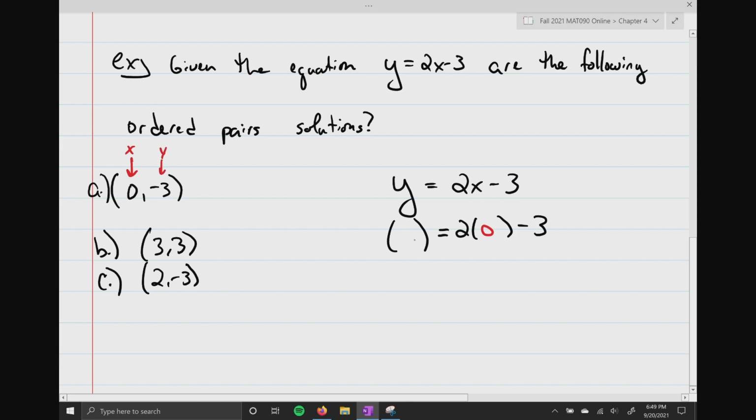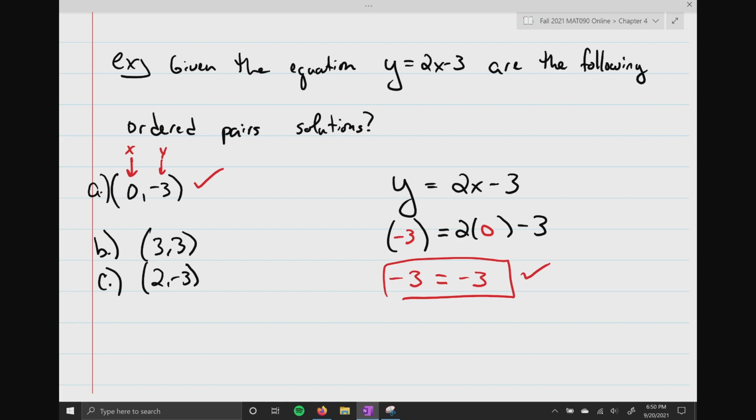Y is going to be -3, so I'll make those substitutions. And my goal is to make sure that the left and the right sides are equal. Well, if you think about it, we have -3 on the left, and then on the right, we have 2 times 0, which is 0, minus 3, is -3. So because this forms a true statement, this ordered pair 0, -3 is going to be on the line if I were to graph it.